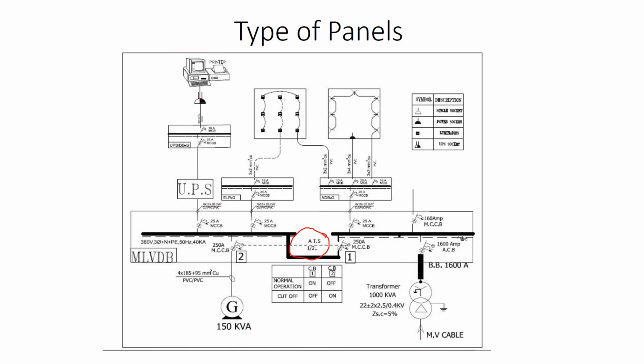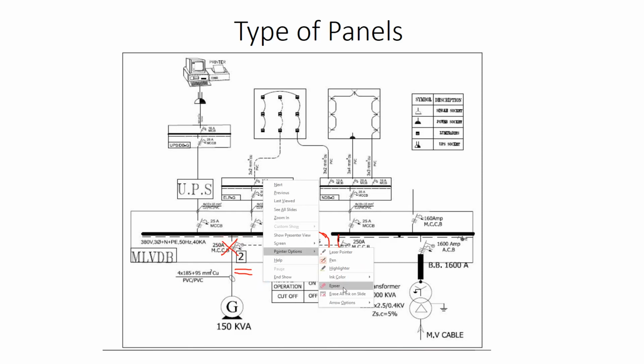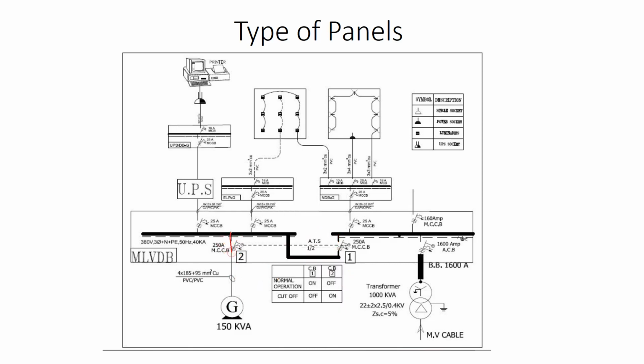Now you have to understand that we have something called the ATS, or automatic transfer switch, which is 1 out of 2. What does this mean? It means it has 2 switches, circuit breaker number 1 and 2, and one of them will be running. For example, if circuit breaker 1 is operating, then the other one will be off, and vice versa. That's why it's called 1 over 2, meaning 1 circuit breaker operating out of 2.